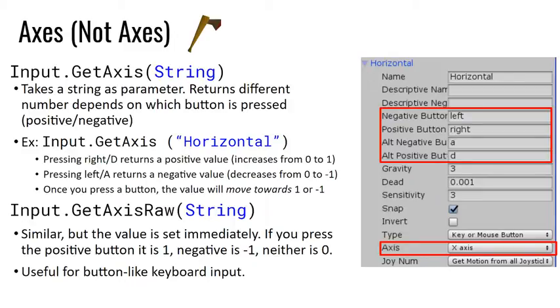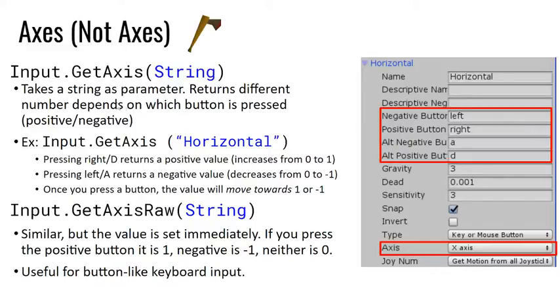With horizontal, you'll notice that it says a positive and a negative button in the information. What it means is that if you press right or D, it represents pushing the control stick to the right, while for the negative buttons, left and A, it represents pushing it in the opposite direction.